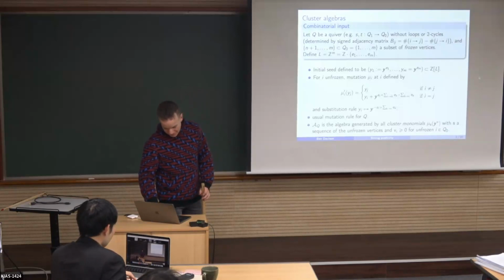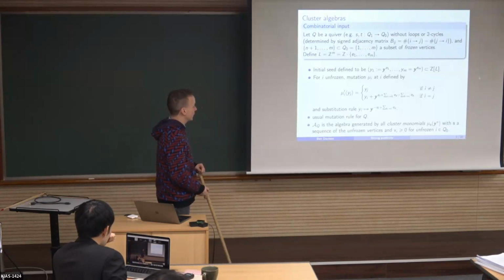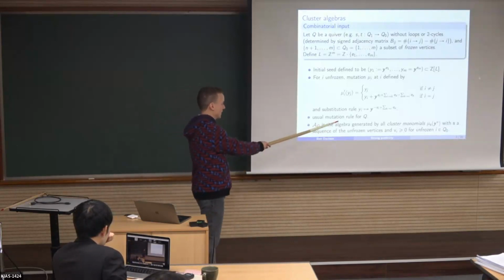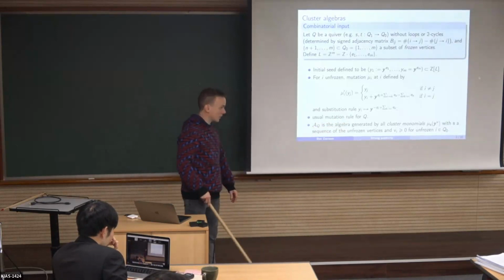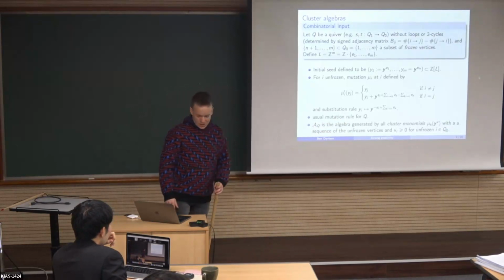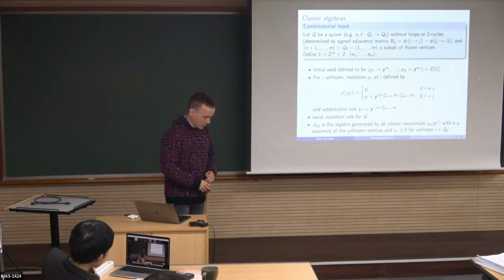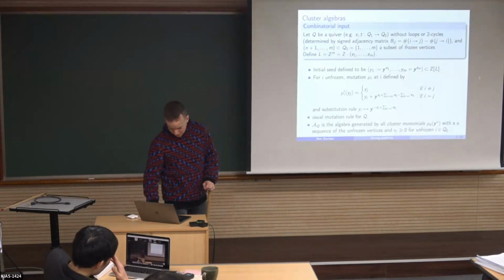Okay, so that's the definition. And as I said at the beginning, it's kind of elementary, up to the trick of cheating and not drawing this mutation rule on my slide. I can actually get the definition onto a single slide. So despite these things being very rich, they do have this rather elementary definition.